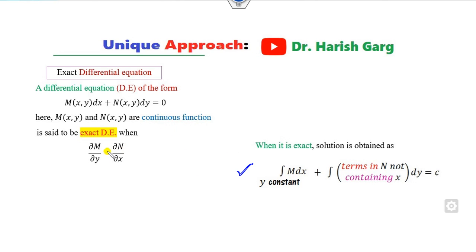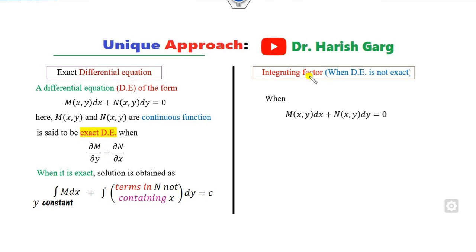However, what will happen if this condition is not satisfied? Then you use what is called an integrating factor. When the differential equation is not exact, when this condition is not satisfied, because this is the necessary and sufficient condition, how can you make this differential equation exact?